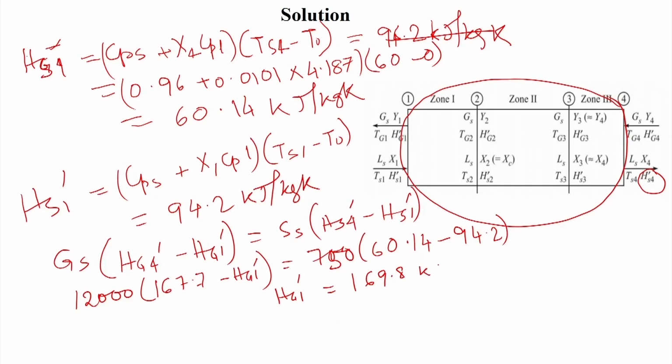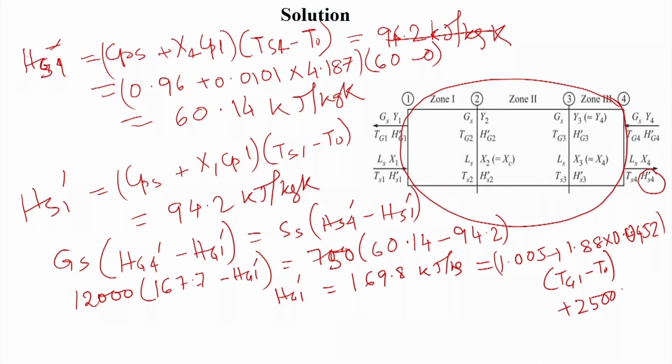From here we will be getting Hg1 prime as 169.8 kilojoule per kg. That is equal to, using this formula, 1.005 plus 1.88 into y1 prime, that is 0.0452, into Tg1 minus Tg0, plus 2500 into y1 prime, that is 0.0452.